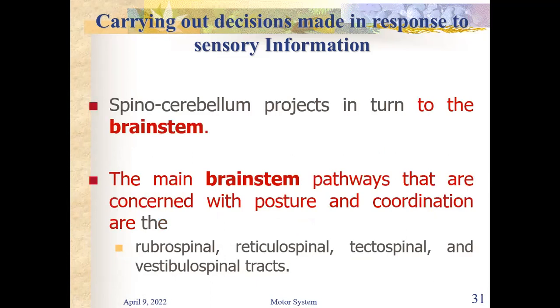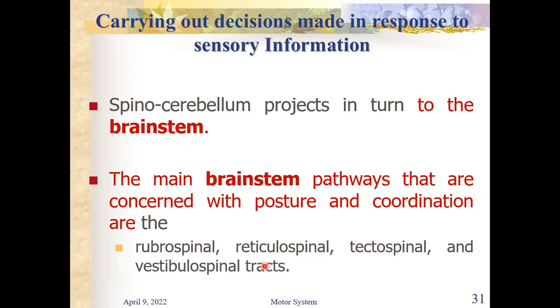So the spinocerebellum projects in turn to the brainstem nuclei, and the main brainstem pathways that are concerned with posture and coordination are from the brainstem nuclei, especially the reticulospinal, the tectospinal, and the vestibulospinal tracts. Those are the ones that are concerned with posture and coordination.